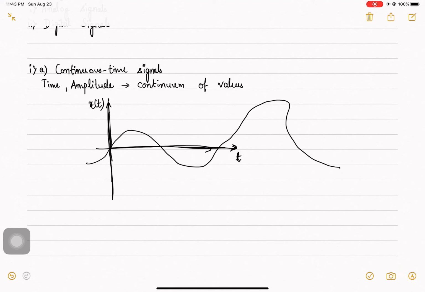Now, there is another classification of analog signals called the discrete time signals. They are not signals as much as they are sequences. So a discrete time signal or a sequence, I'm going to use the word sequence from now on for all the discrete time signals, because it is nothing but a sequence of numbers.